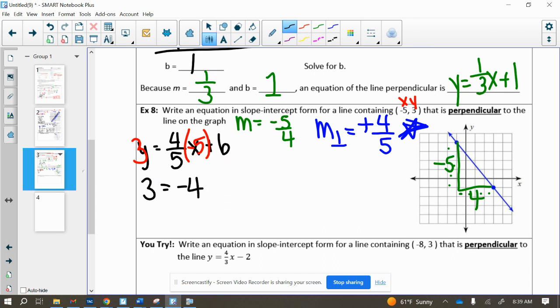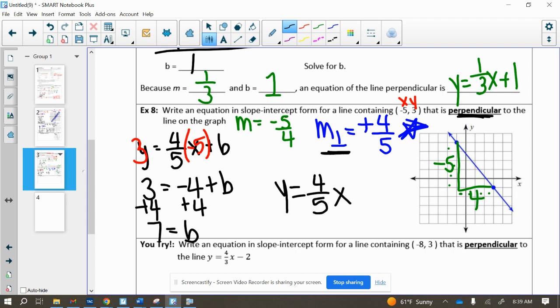So -4 plus b, add the 4, b this time is 7. So again, for a perpendicular line, we're using the perpendicular slope. Y equals 4/5 x plus 7.